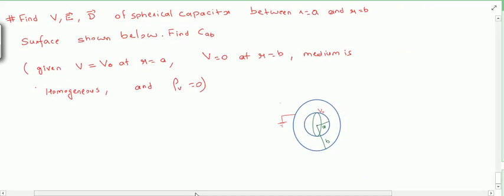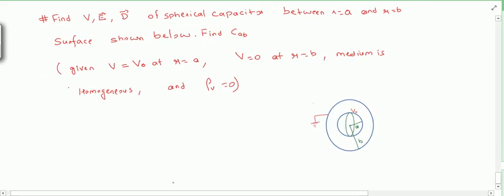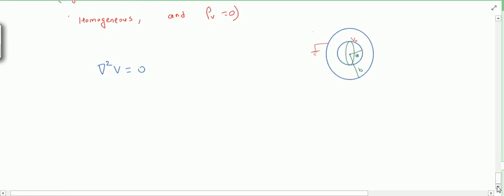So we can use the Laplace equation, because the medium is homogeneous and rho v equals 0. The Laplace equation says del square V equals 0. Del square V is nothing but the Laplacian operator.